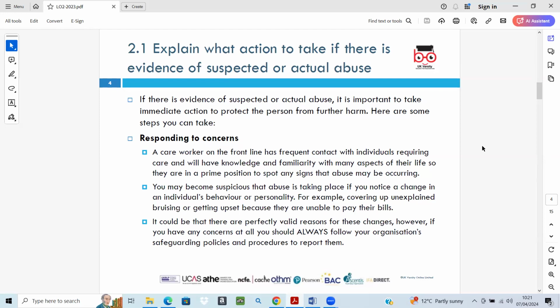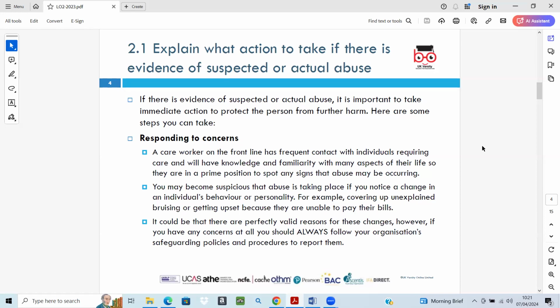So usually this happens as a care worker, and then we need to report the incident. Again, as I said, we don't need to write up our own story. We need to explain things as they occurred and as they were told to us by the service user, exactly as it is.